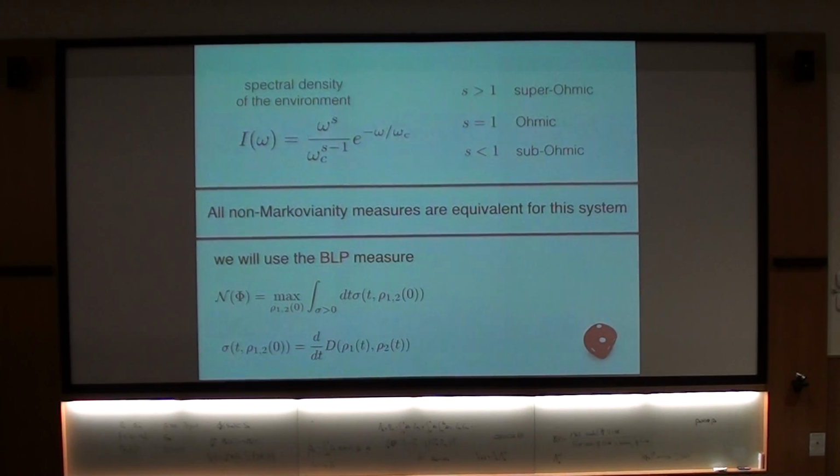You look at the intervals of time in which the information flows back, so the information flow is positive, you sum them up in this interval, and then you optimize over all possible initial states. This gives the measure itself. In this case, the optimization is analytical, you don't have to do anything numerical, and the quantity has this form.